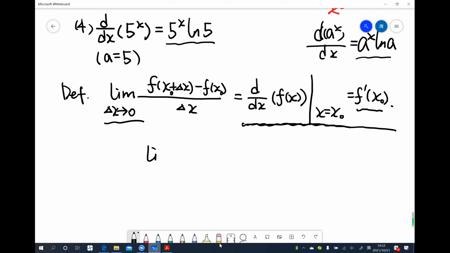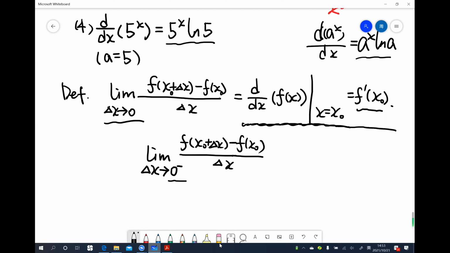If the limit as delta x approaches 0 from the left exists, that means the left-hand limit exists, then we call it the left-hand derivative, and we often write a negative sign here.